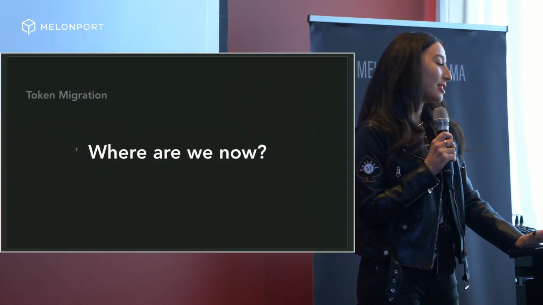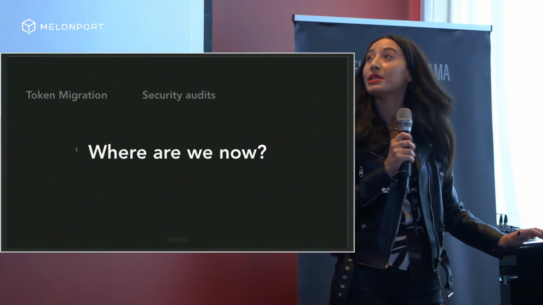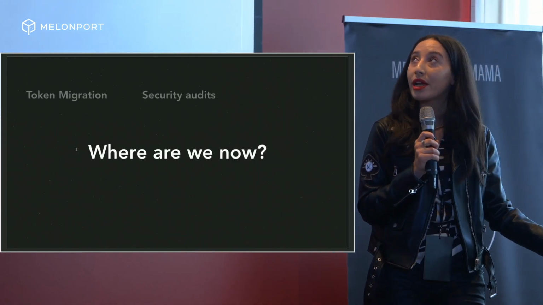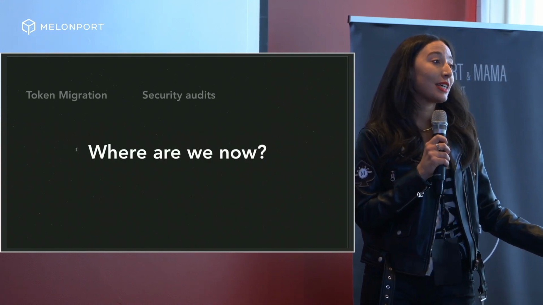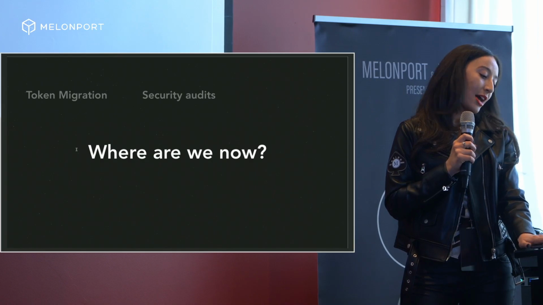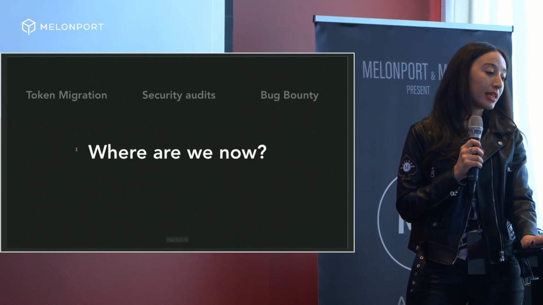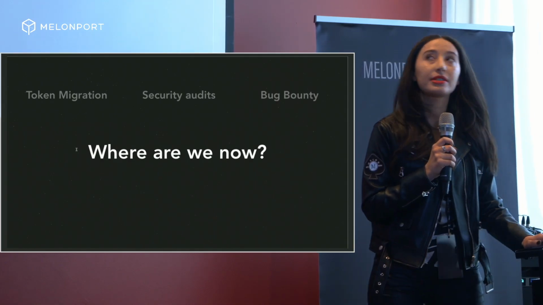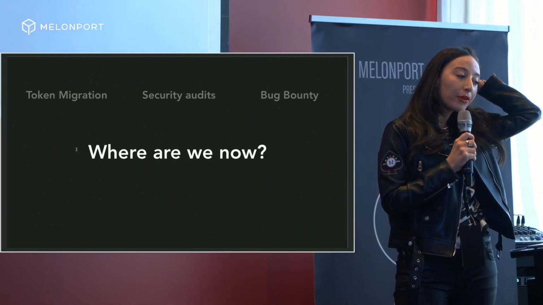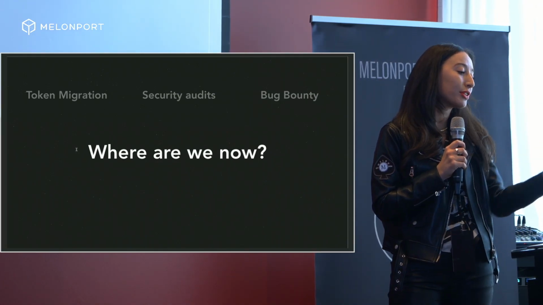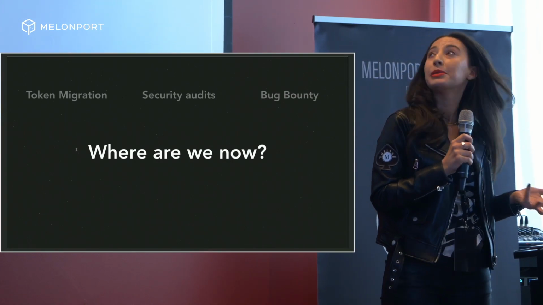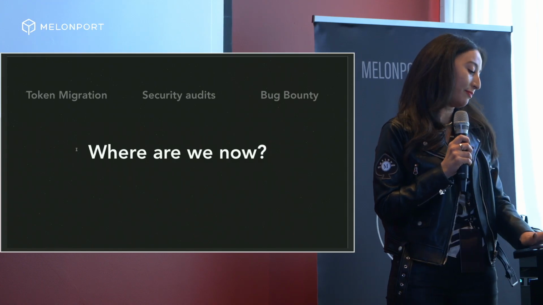So that is done. Then we have completed a couple of security audits with different auditors, and we're right now undergoing the last audit, which the results should come on Monday. The next thing is we're going to be launching a public bug bounty on the mainnet. There is a very nice bounty pool, so if you're a developer, I invite you to participate and try to find vulnerabilities and to disclose them to us.